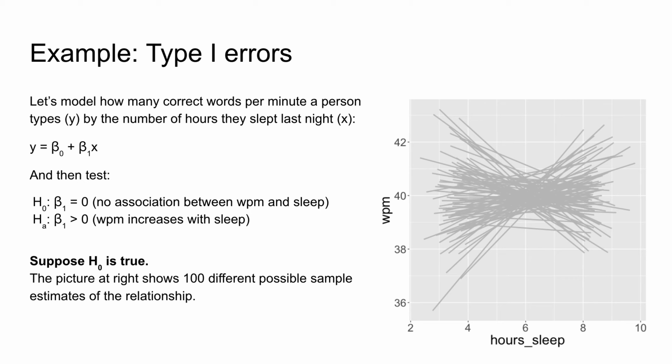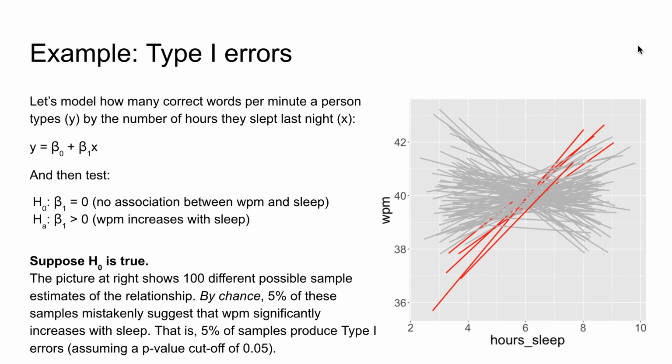Though most of these estimates are relatively flat, reflecting the lack of association between typing speed and sleep in the population, some are fairly negative and some are fairly positive. In fact, just by chance, 5% of these samples produce abnormally high slopes, thus mistakenly suggesting that typing speed significantly increases with sleep. That is, 5% of the samples produce type 1 errors.